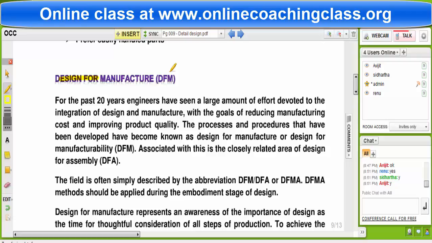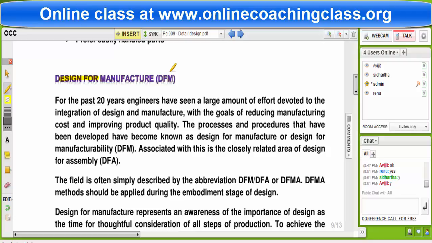That means for the last 20 years engineers have wanted to integrate the design unit with the manufacturing unit. If these two parallel units are integrated in one place, then it will reduce the cost of manufacturing. So they are trying to integrate these two units.